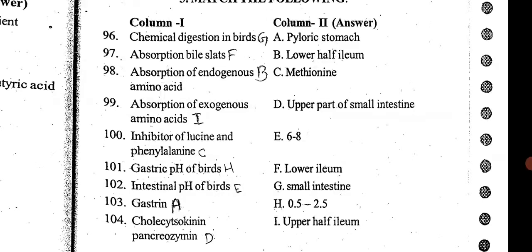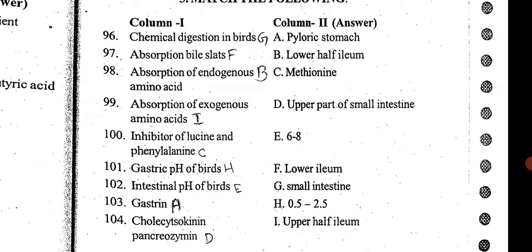The upper part, the first part of the ileum, is responsible for the absorption of exogenous amino acids. Bile salts and endogenous amino acids are absorbed from the lower ileum.